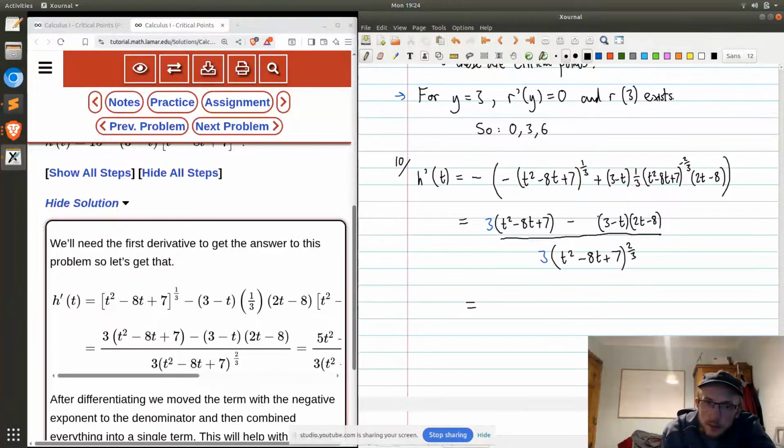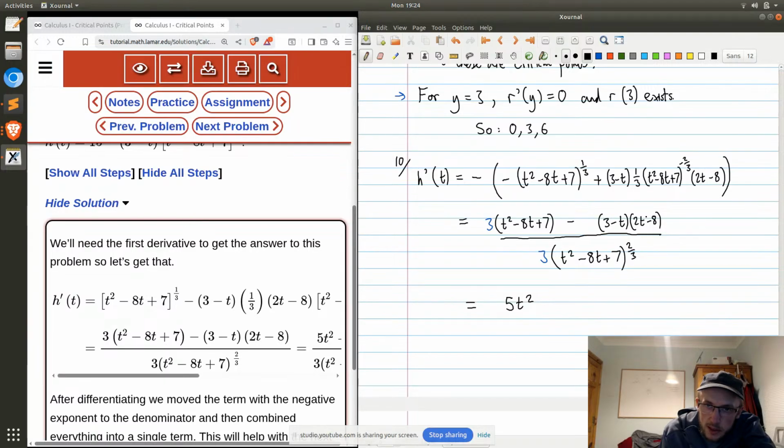Okay, so minus 2t squared. That's plus 2t squared. So 5t squared. 6t plus 8t is 14t.